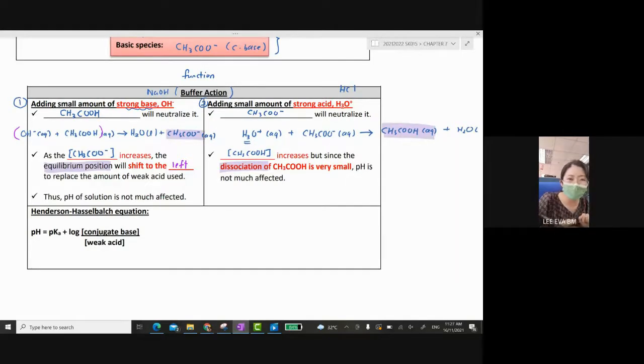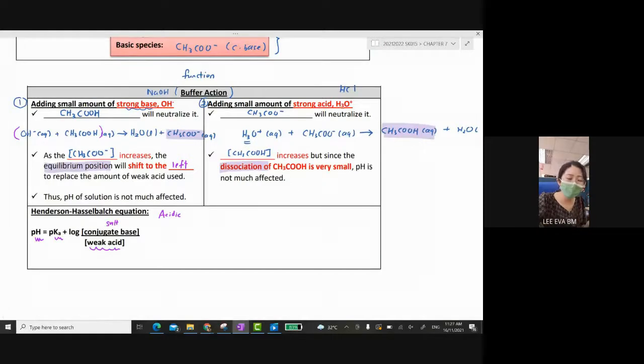Kalau awak sudah pastikan solution ini adalah acidic buffer, then you check, I must use this equation. pH, where p stands for negative log, Ka stands for acid dissociation constant, and then on the bottom over here we have weak acid. So pH equals pKa plus log. On the top is your conjugate base, or maybe sometimes you can fill in with the salt because they have the same concentration. Okay, and then on the bottom you have weak acid.